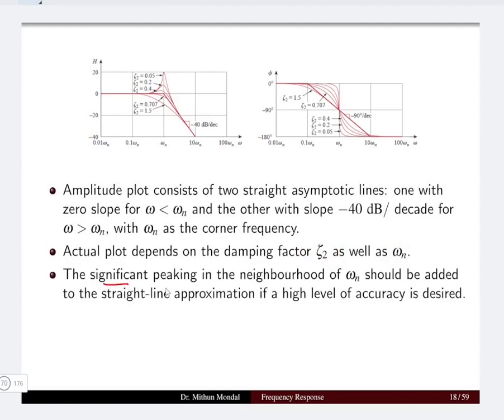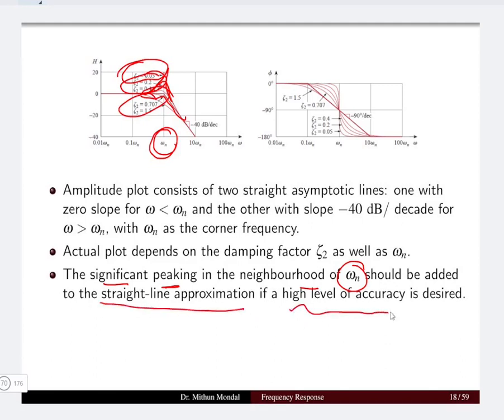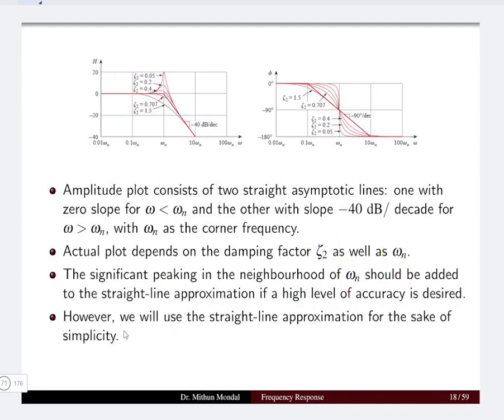The significant peaking in the neighborhood of omega n, if you see the omega n frequency and this is the exact plot whatever we are seeing, that is depending upon the damping factor values, and that is added to the straight line approximation if a high level of accuracy is desired. If you want a high level of accuracy, then obviously the damping factor and omega n will decide that, and we can obtain the high level of accuracy, but straight line approximation is good enough to obtain that. However, we will use the straight line approximation for the sake of simplicity.